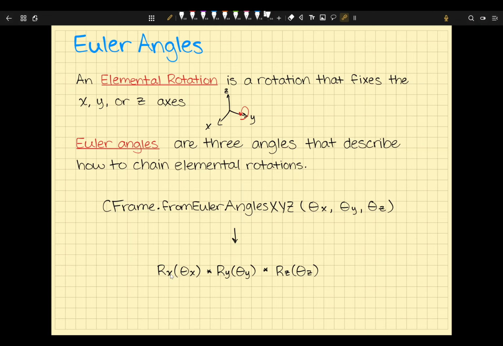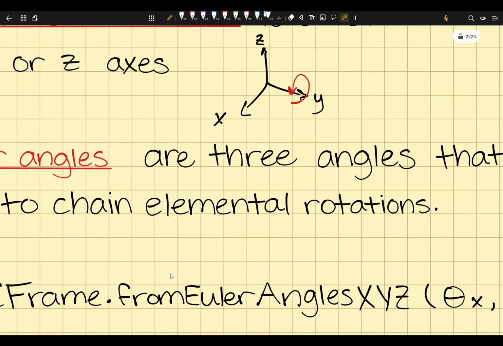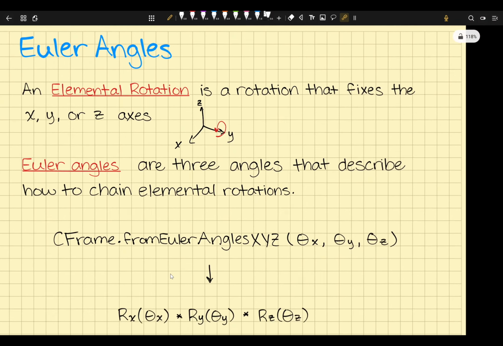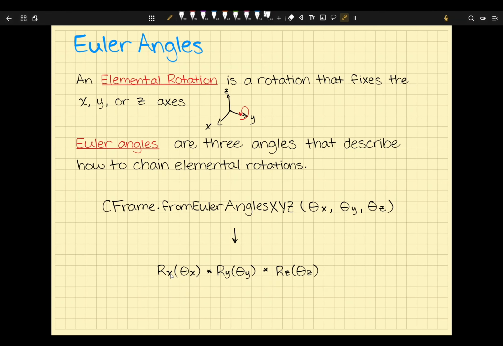So it's just some rotation about one of the three axes. We rotate about x, that's an elemental rotation, or about y, or about z. And Euler angles are a set of three angles that describe how to chain elemental rotations together.